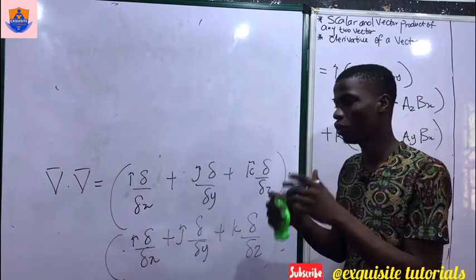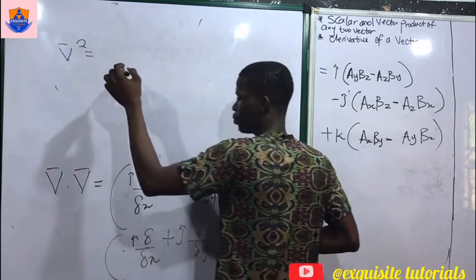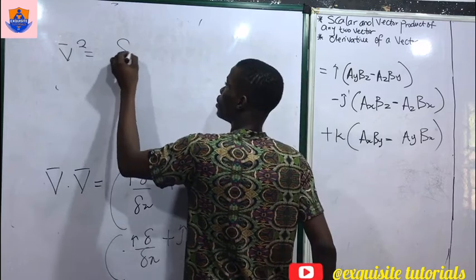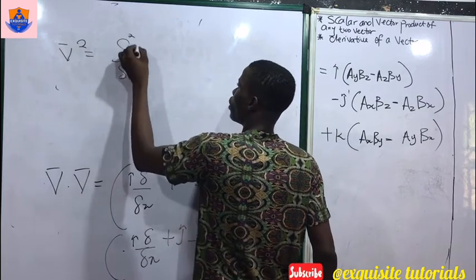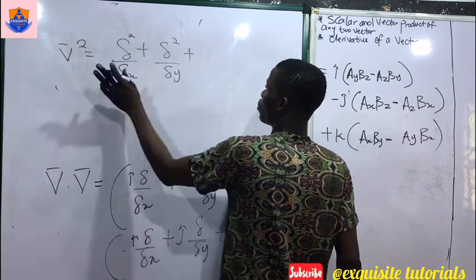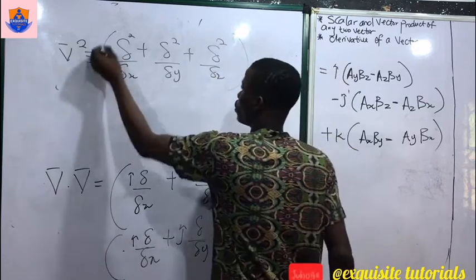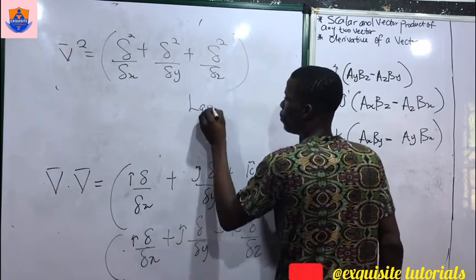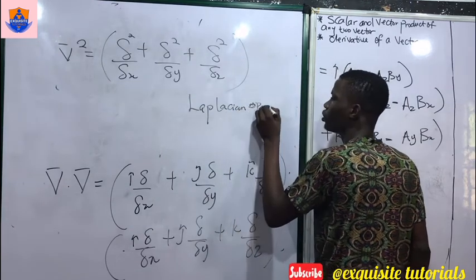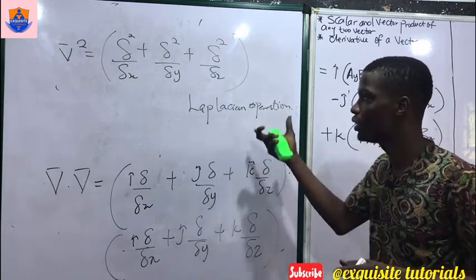It will give us the square of it. So our del operator squared is equal to the partial over partial x squared plus the partial over partial y squared plus the partial over partial z squared. This operation is called the Laplacian operation.